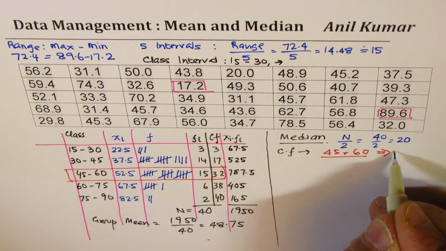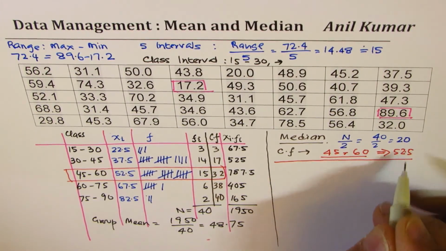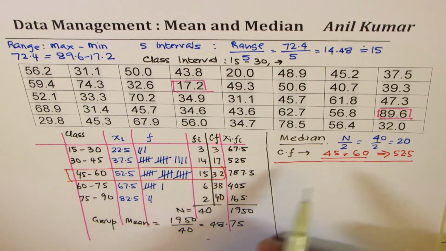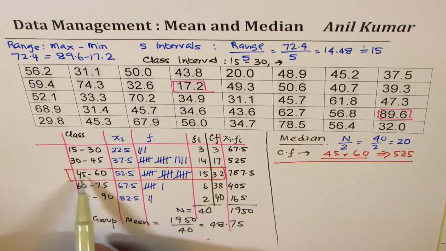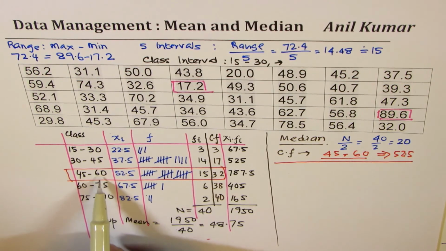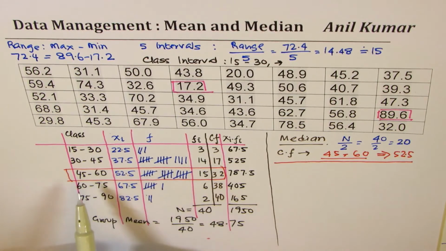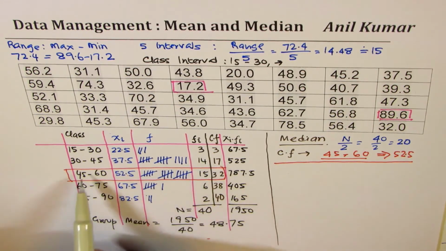So they will result this into 52.5, right? However, this is not normally accepted. Okay. Now, it is good to understand here that there are 15 elements in this class interval, which has an interval of 15, right? So if you assume that they are uniformly distributed, then we have 17 already before this. So the element which will be on 20th position seems to be what?